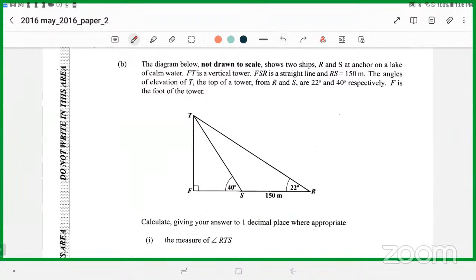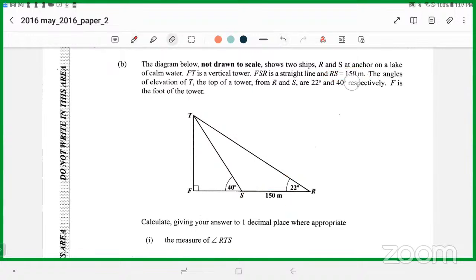It says FT is a vertical tower. And the vertical tower is out of the water, jutting out of the water. It says FSR is a straight line. And then they give this distance is 150 meters.